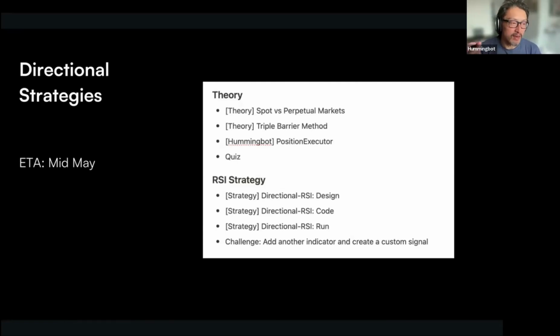The idea is that it's a very simple way to decompose a position and to calculate and backtest how a strategy performs more easily. And then the strategy we'll focus on here will be our RSI strategy, the simple version, as well as probably a more advanced version using the candles feed and the executor.